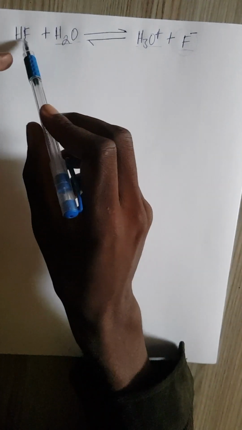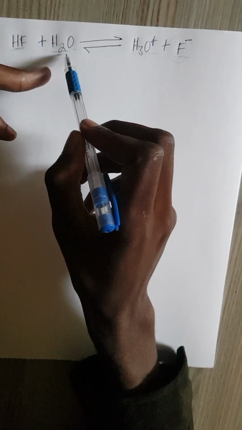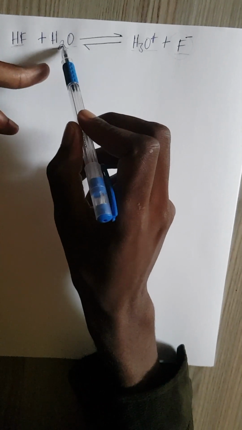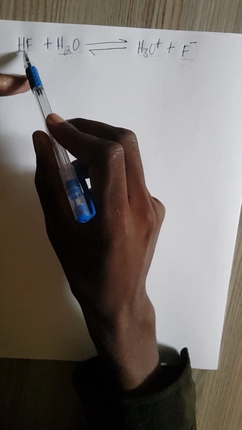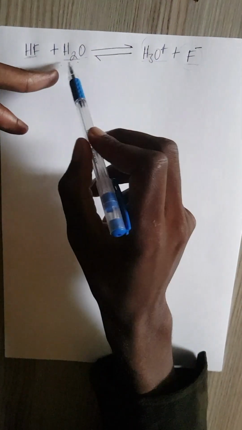But since hydrofluoric acid is weaker than water, it's like water is adding a proton to hydrofluoric acid to form a conjugate acid and a conjugate base. So water is acting as an acid.